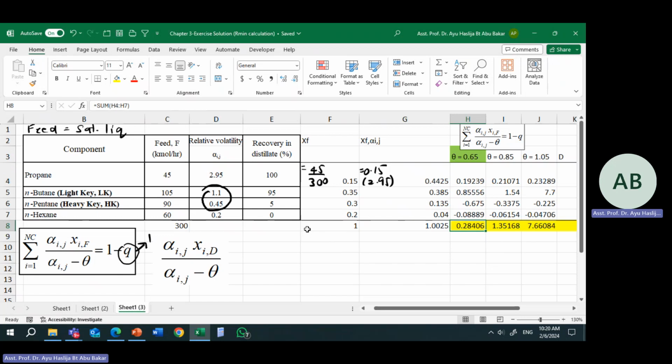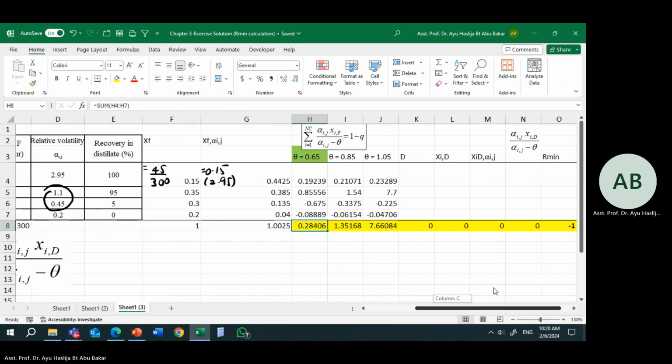Choose 3, then from the 3 values choose the total closer to 0. If you have time, perhaps you can expand into 0.6 or 0.5 or 0.4. So we choose this value.